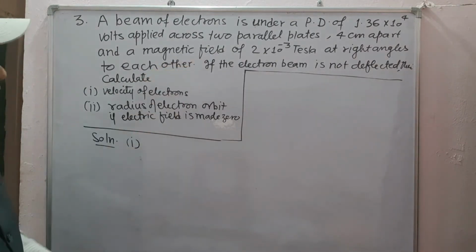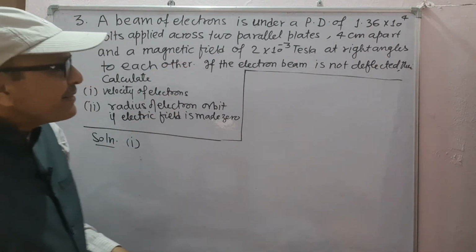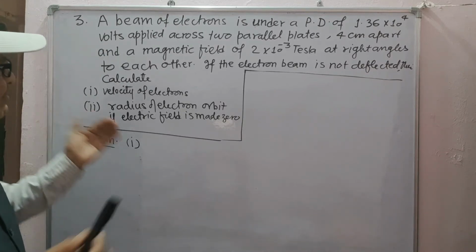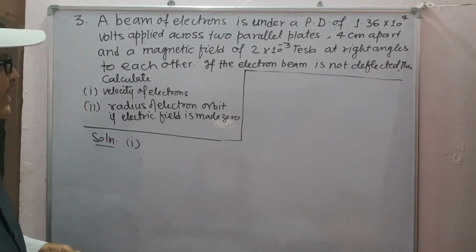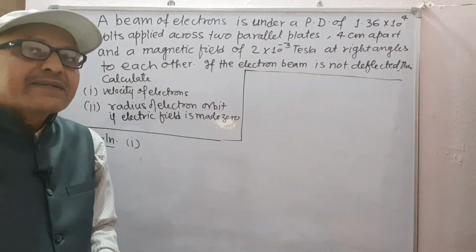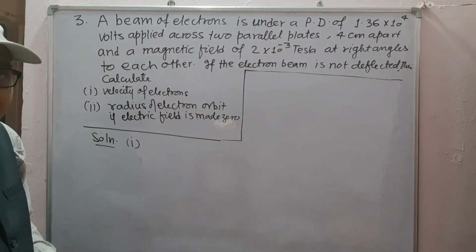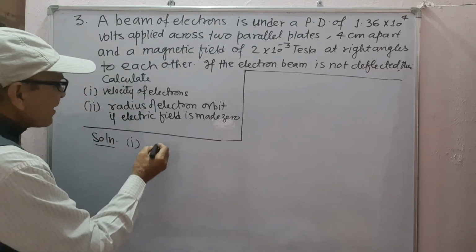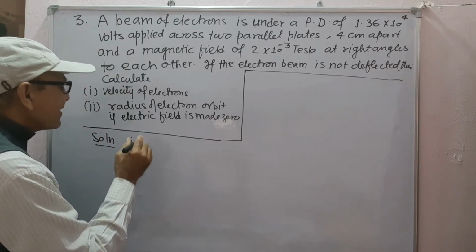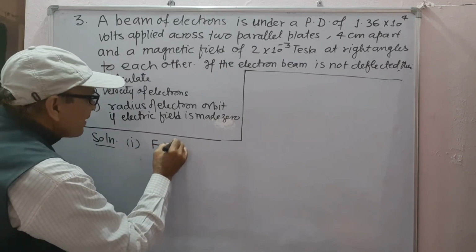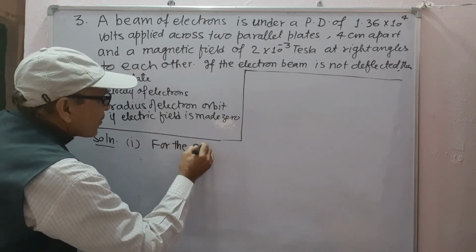As the electron beam is not deflected under the effect of electric and magnetic fields acting together perpendicular to each other, then the two fields will be crossed fields, and in that case electric force and magnetic force on electron will be same for the crossed fields.